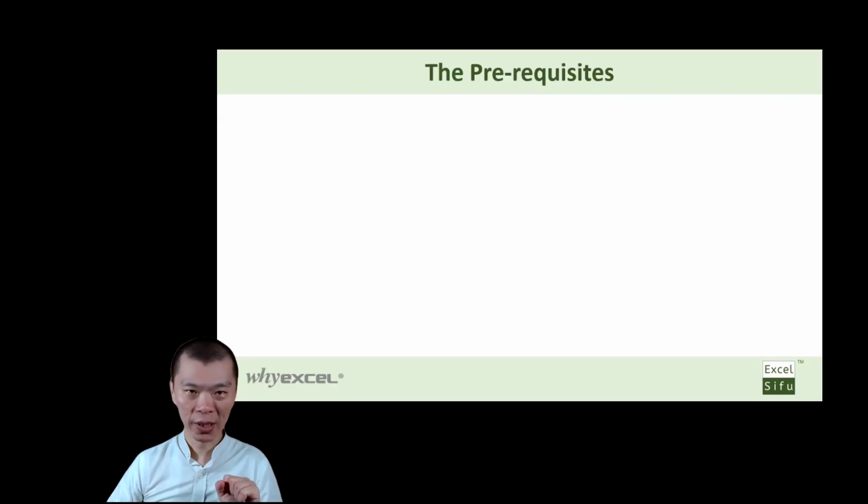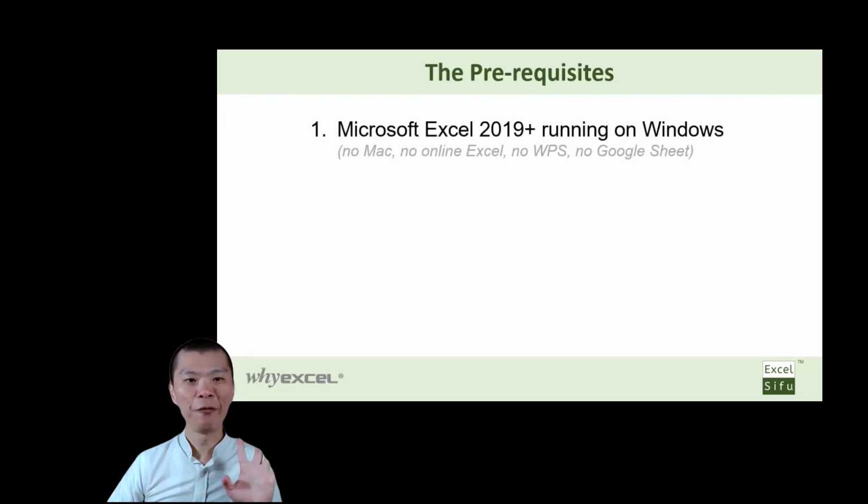Some prerequisites. The first one: you need to use Excel 2019 and above. No Mac, no online Excel, WPS, Google Sheets, or other spreadsheets. Even if you are using Mac with 365, or online Excel, which I just realized does have Power Query now, the buttons and behavior will be slightly different.